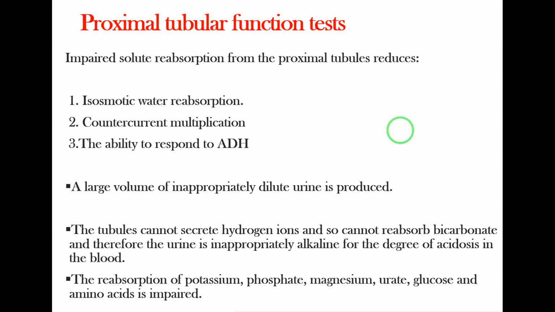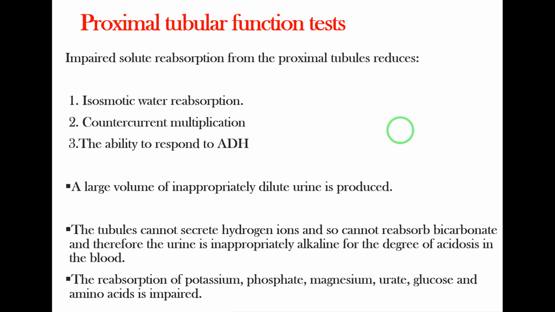The other defect is that the reabsorption of most of the solutes that occurs in the proximal tubule will be affected, mainly the reabsorption of phosphate, glucose, magnesium, potassium, urate, and amino acids. The reabsorption of these very valuable substances will be impaired.